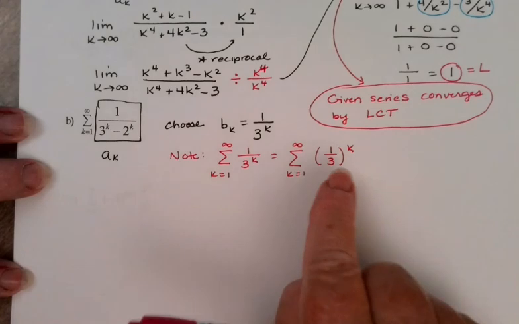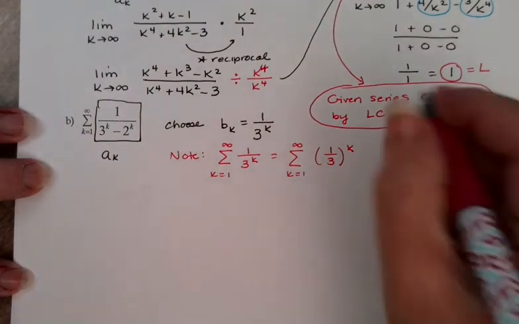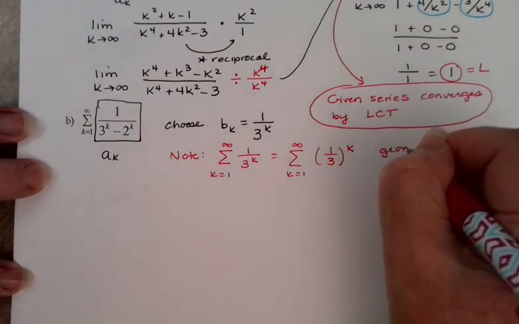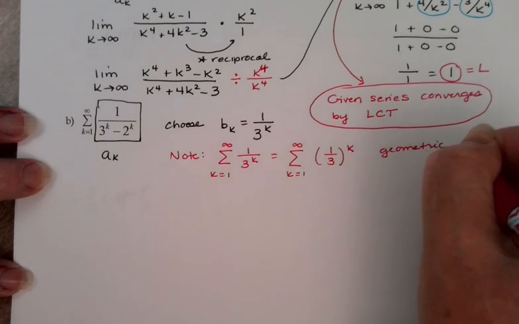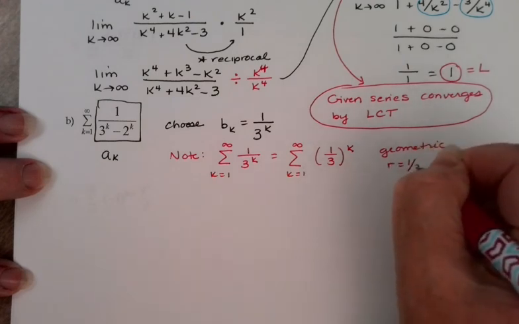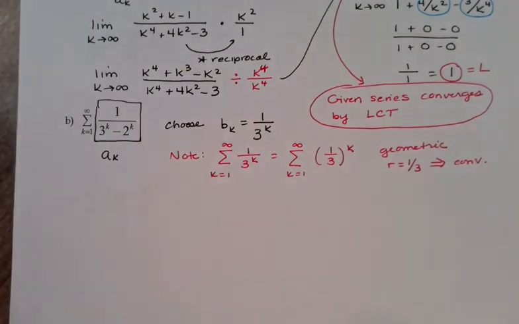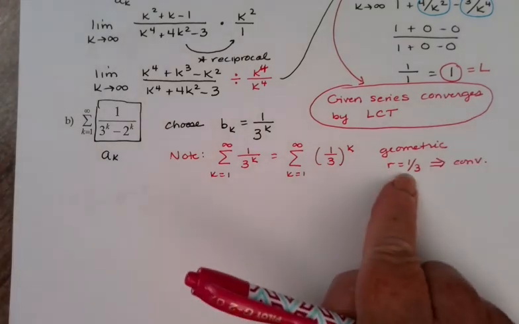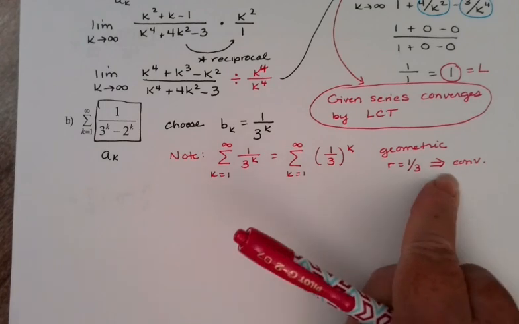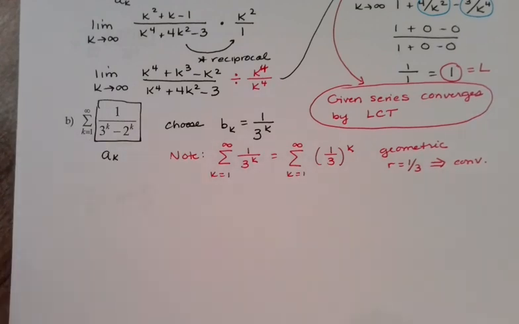And that's a geometric series with an r of 1/3. So this guy converges. Right? So I'm going to do my limit comparison test. And as long as I get an L between 0 and infinity, I know that since this guy converged, my original would also converge. Let's do the limit comparison test, and hopefully that happens.